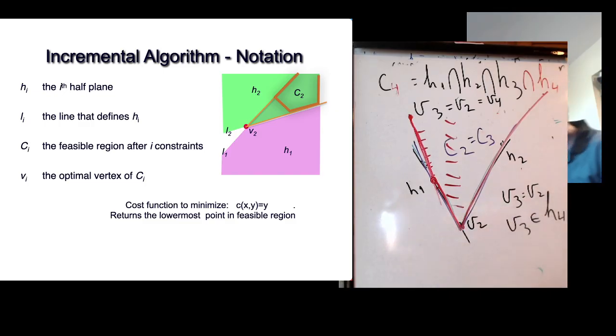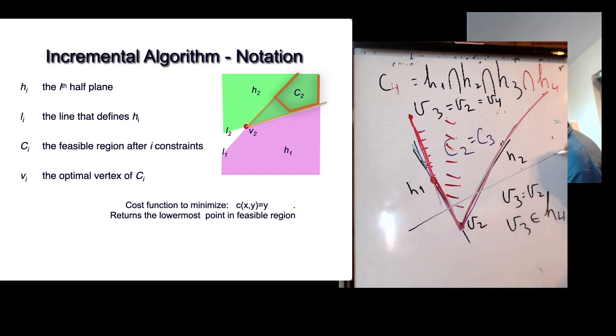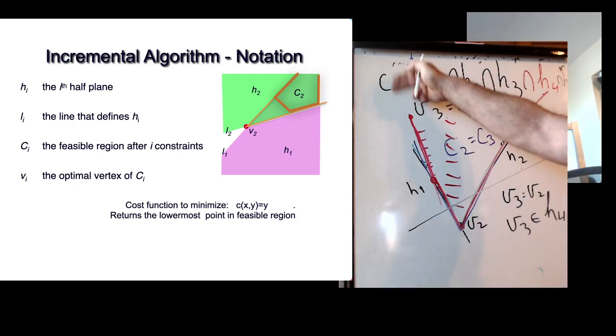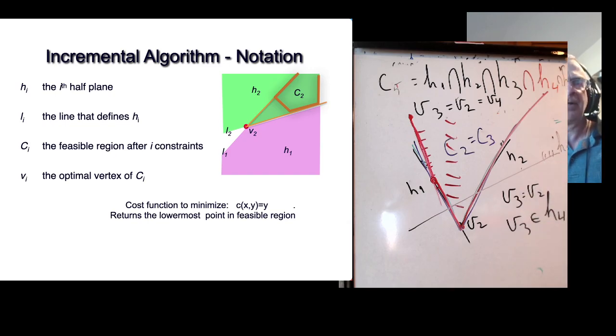Let me pick a color. Brown, edge 5. So now I want to compute what is C5, which is defined by the intersection of edge 1, edge 2, edge 3, edge 4, and edge 5. And my question is, what is C5 and what is V5?